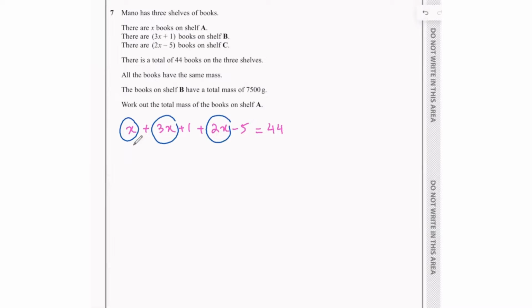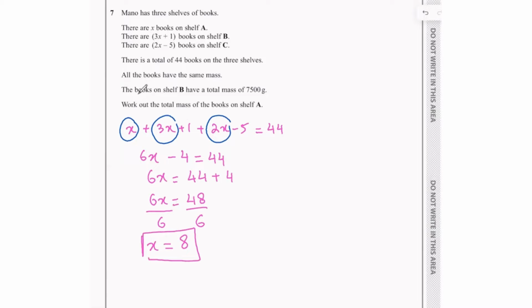So that's going to be 6x, and 1 minus 5 is going to be -4, equals 44. 6x equals 44 plus 4. When we bring -4 to the other side, it becomes +4. So that's 48. Divide both sides by 6 to find the value of x, which is 8.